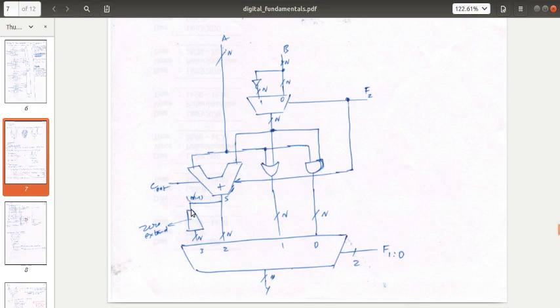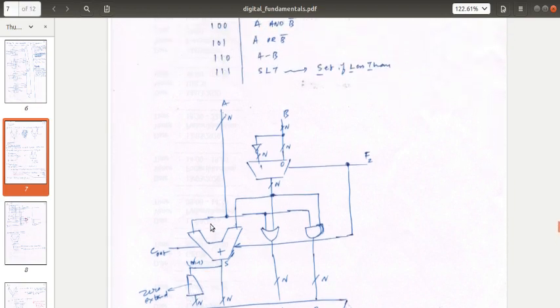For example, if a single 0 comes here, it will take that single 0 and make it into n zeros, and if a single 1 comes here, it will take that single 1 and make it into n ones. So this is an extension, zero extension or sign extension, depending on the context actually. Basically an extension device, right?